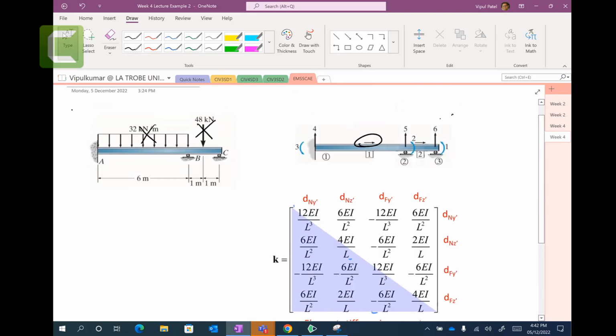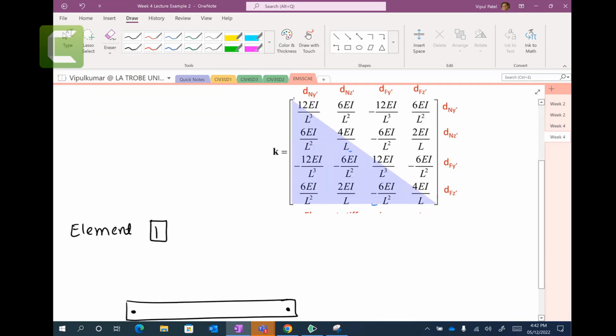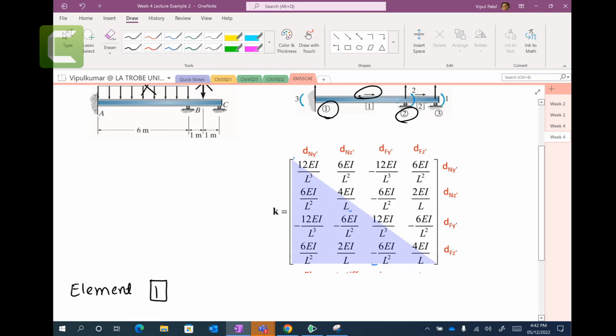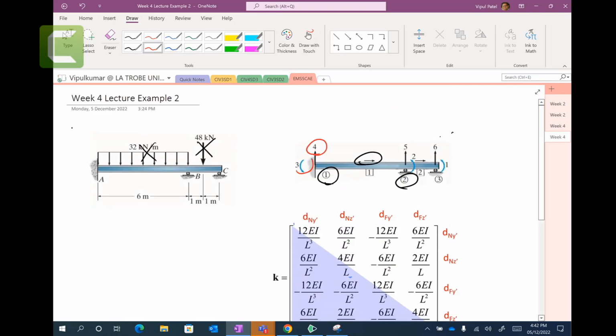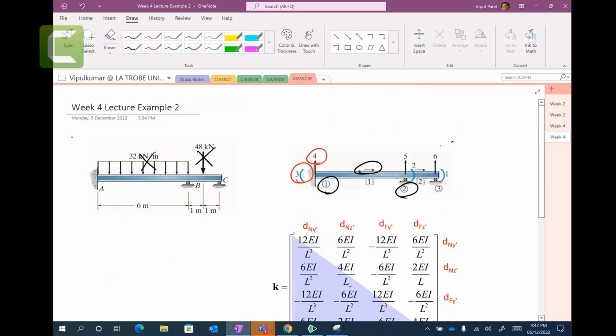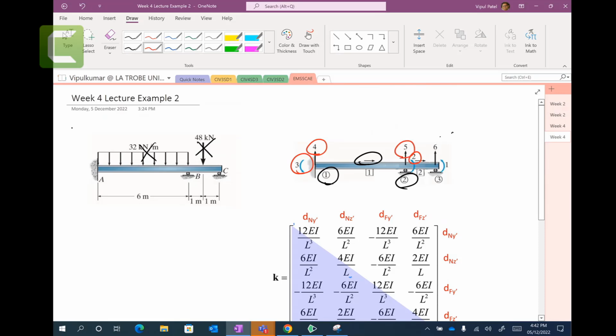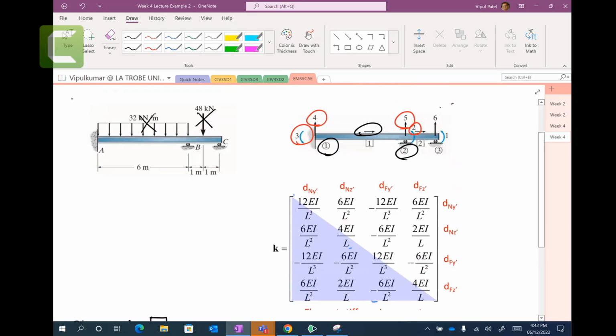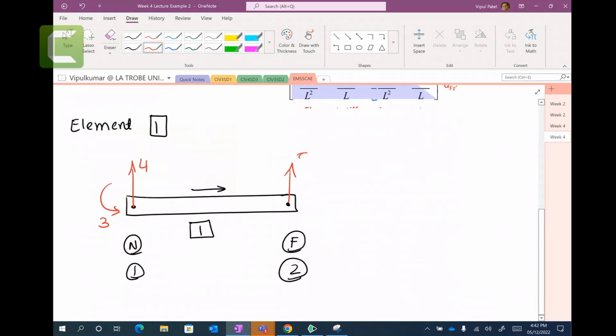Location vector is here, and near node and far node, 1 and 2. You have 4 and 3, and you have here 2 and 5, 5 and 2, right?